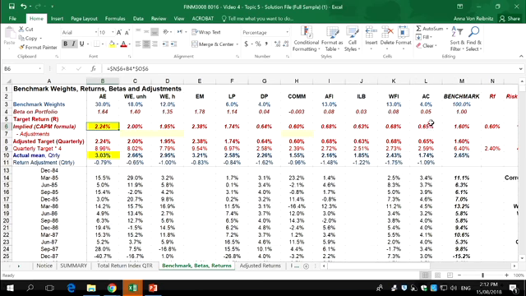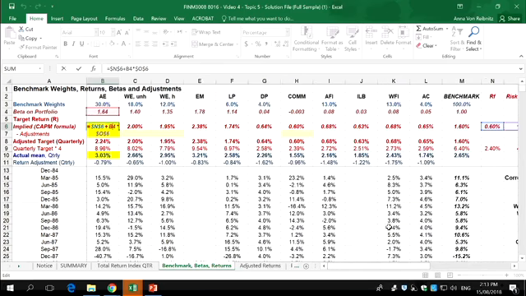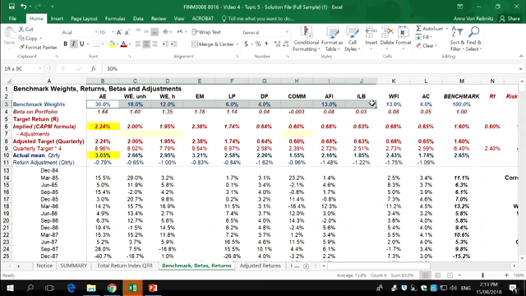So, what do you do? Well, you say the return on Australian equity is equal to the risk-free rate plus the beta of Australian equity with a benchmark portfolio, I'll come back to that, times the market risk premium. Now, you have defined your benchmark portfolio as having these particular weights.